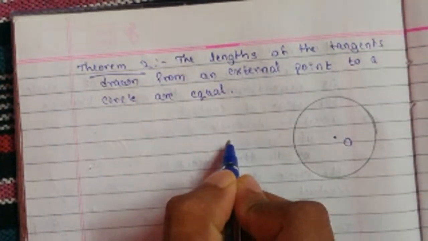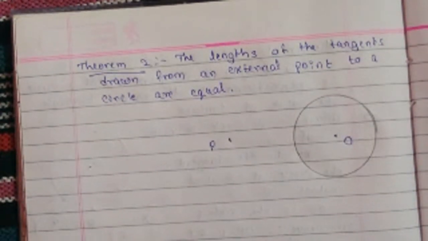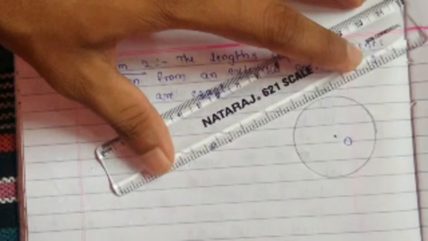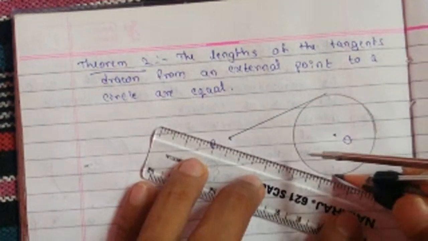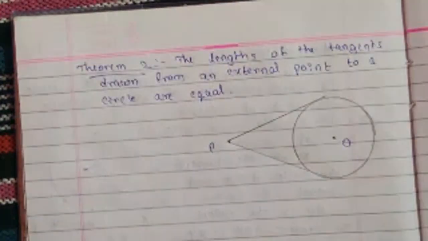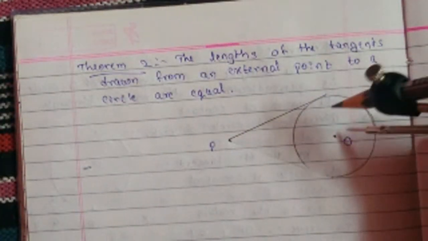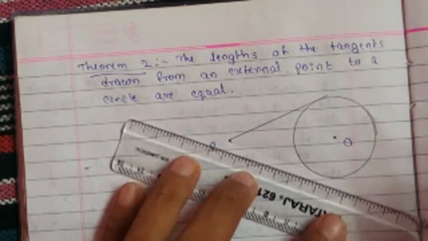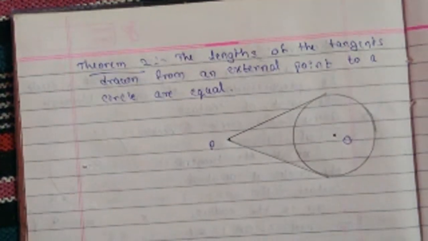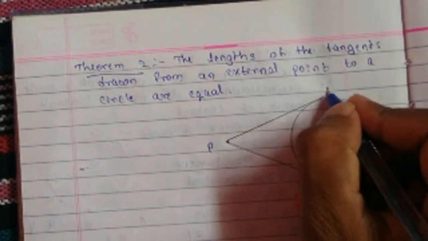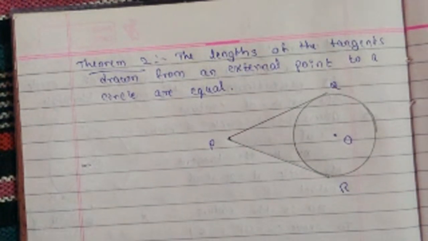I will consider one external point, P, and now I have to draw two tangents to this circle from this external point P. Similarly on the other side, so I will mark the endpoints as Q and R. This is the initial step we have to consider for the proof.